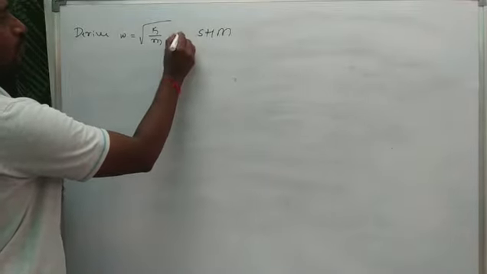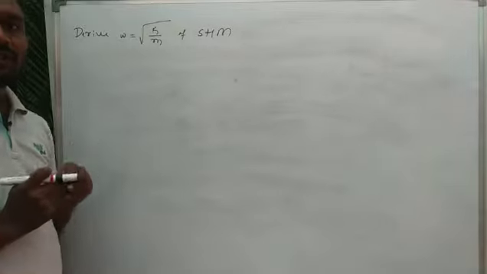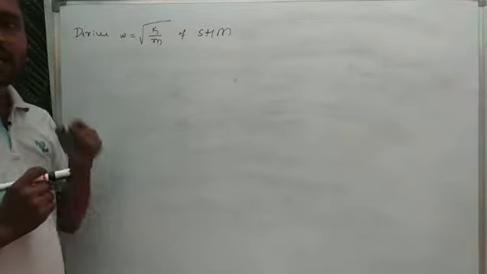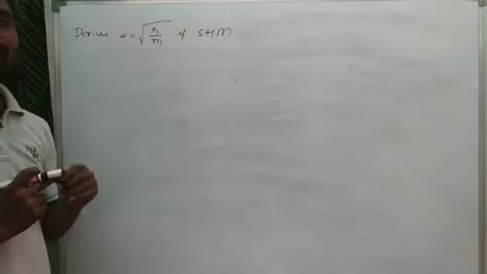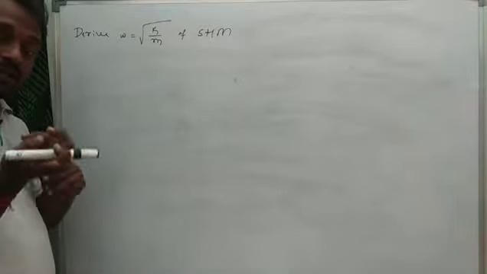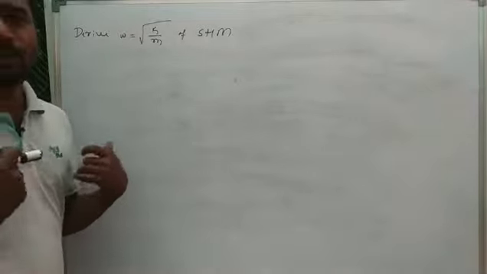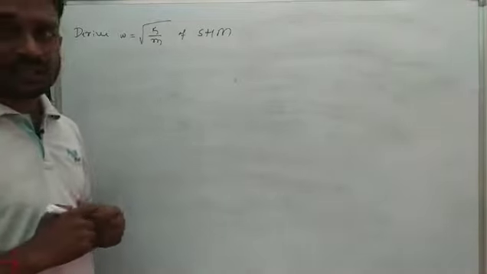Here omega is the angular frequency, k is the force constant, and m is the mass in SHM. It means the mass of the suspended spring, or the pendulum bob.